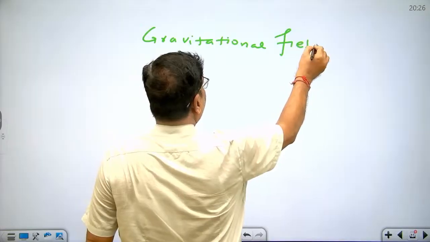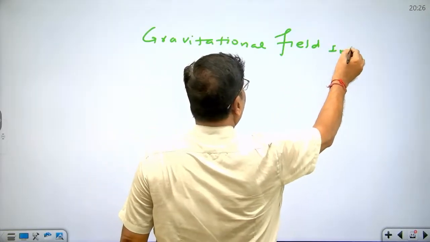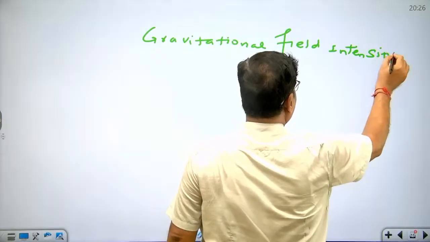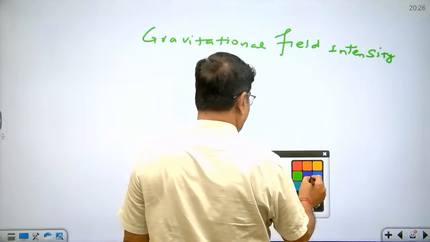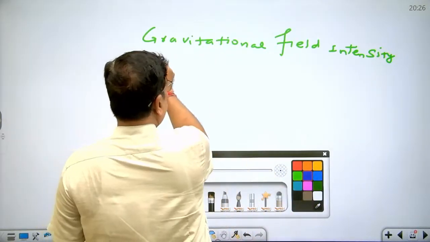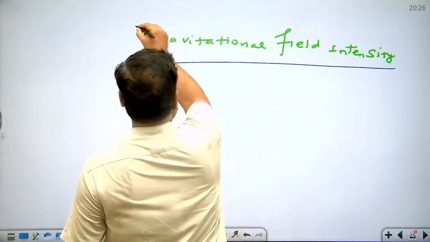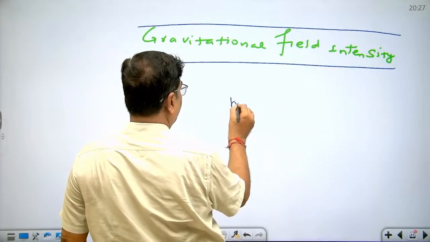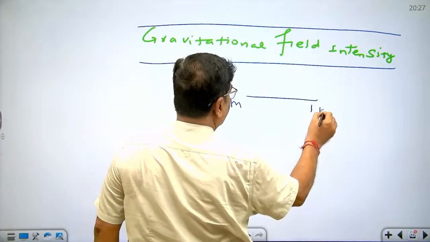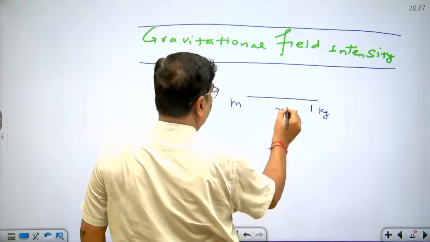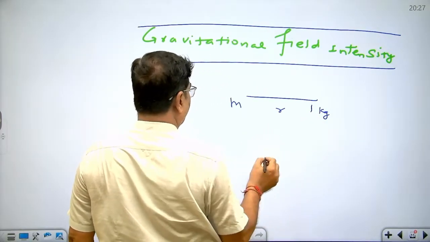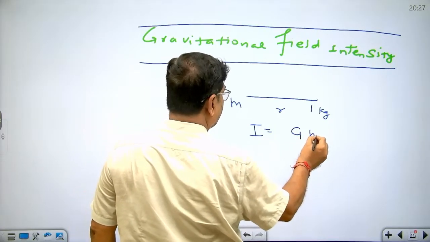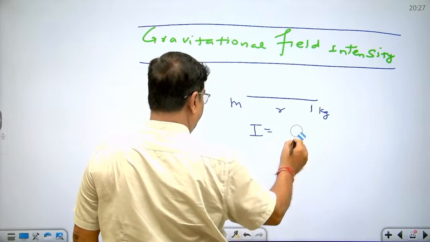It is also a vector quantity. What is gravitational field intensity? This is the gravitational force experienced by a 1 kg test mass. And since the force is attractive, it is written by the letter capital I.